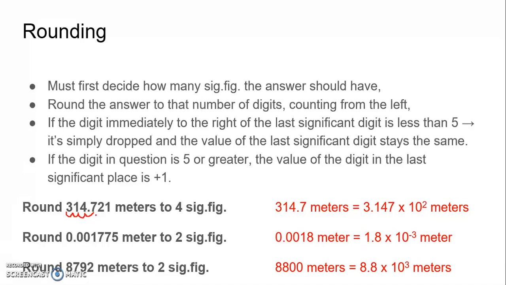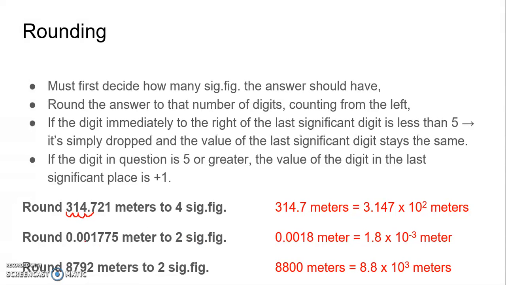You would keep the number 7. You do not round up. Now you can keep this as a standard form, or you can rewrite this in scientific notation. It's up to you.